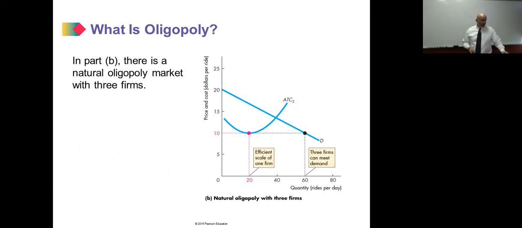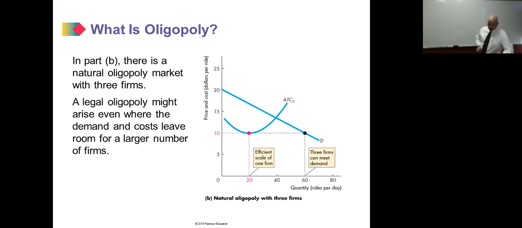Now let's look at three firms. What would happen if we add the third firm? Again, we see that the efficient scale of the firm is 20 rides per day. If we only had two firms, each producing 20, the quantity would only be 40 rides per day.